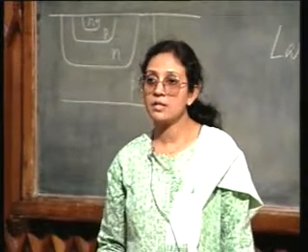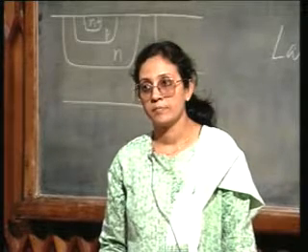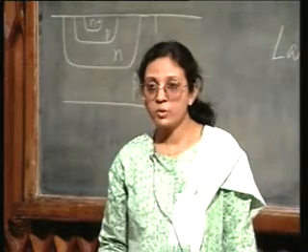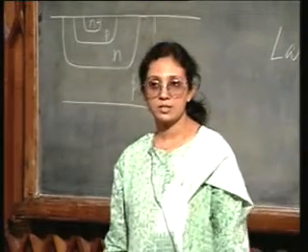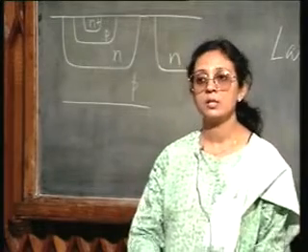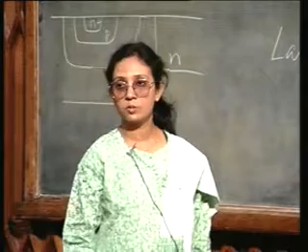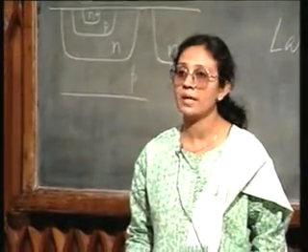So, your collector resistance will be considerably high. Okay. So, even though you get some improvement in packing density, the collector resistance of the transistor will be extremely high. So, this was not found to be very suitable, even though you can get some improvement in packing density.